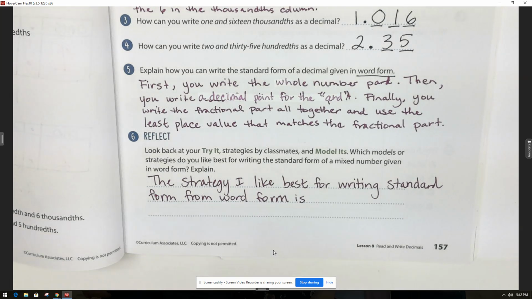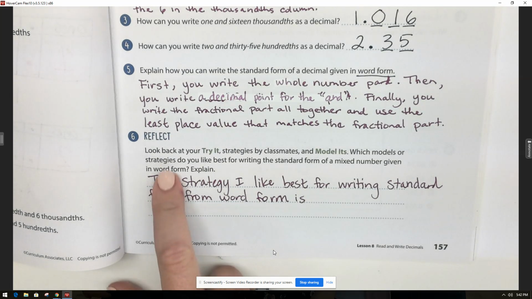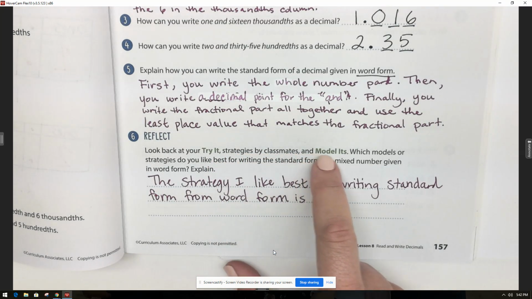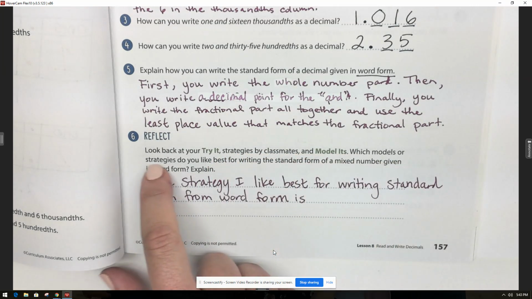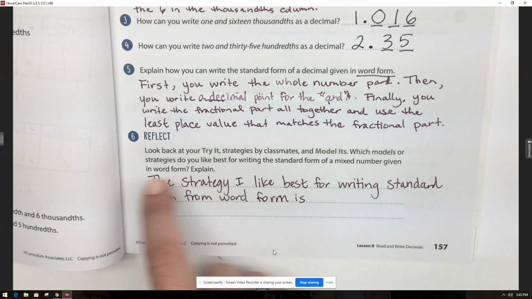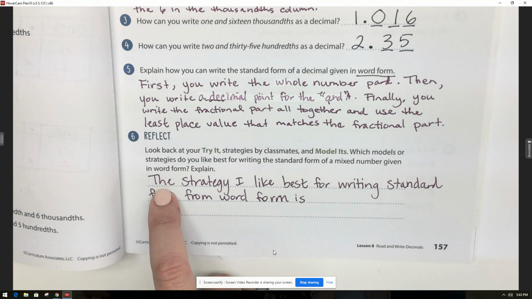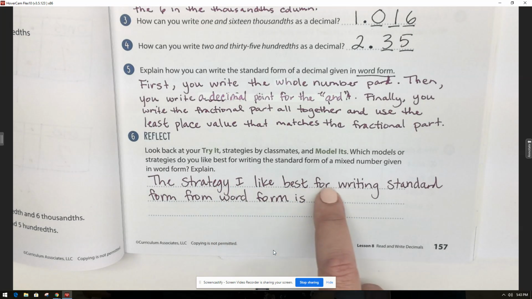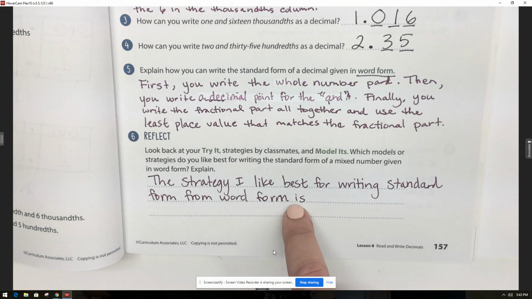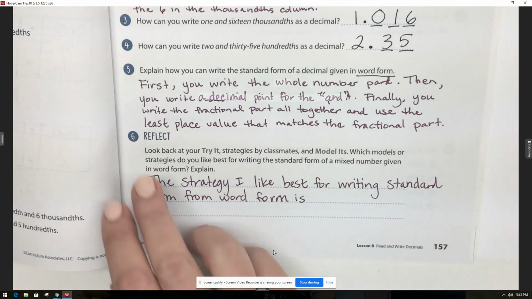All right, after you've copied that down, I want you to think back. Look back at your try it strategies and model it. Which models or strategies do you like best for writing the standard form of a mixed number given in word form? So I've given you a sentence frame here. The strategy I like best for writing standard form from word form is, and then I want you to tell me what you like best.